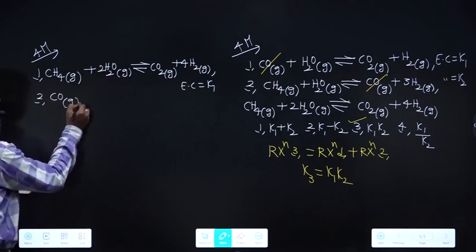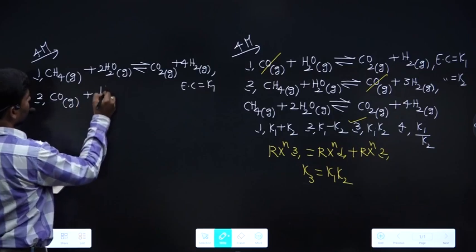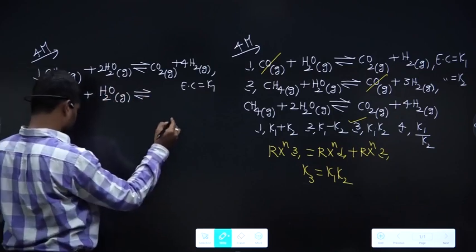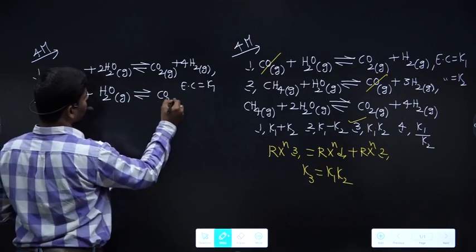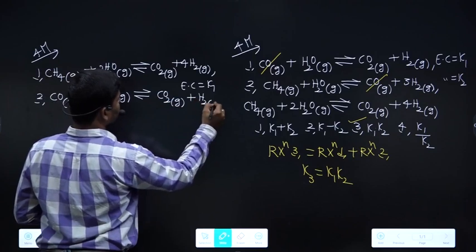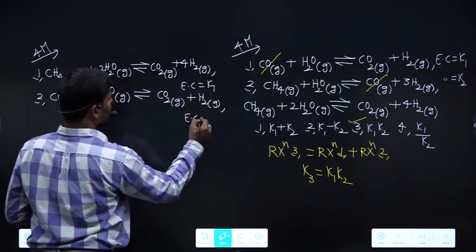CO gas plus H2O gas gives CO2 gas plus H2 gas, equilibrium constant is K2.